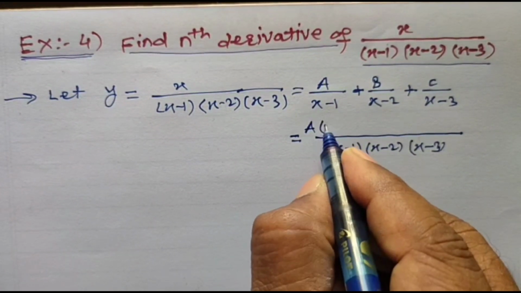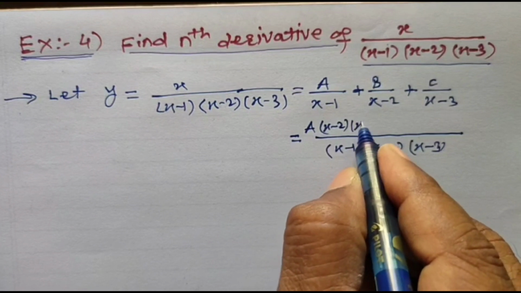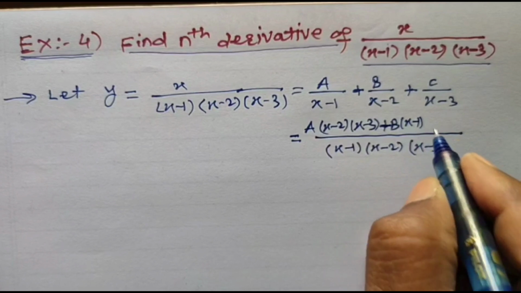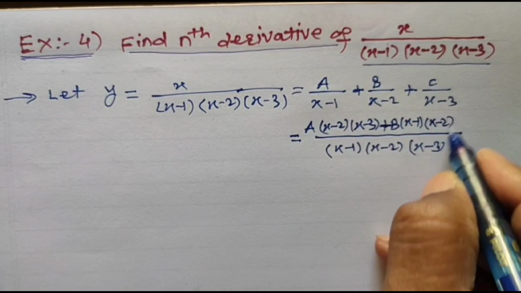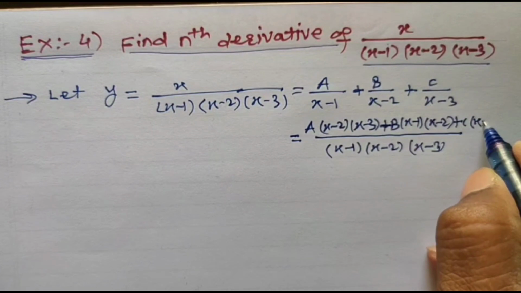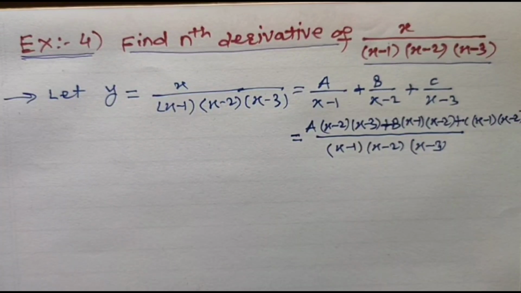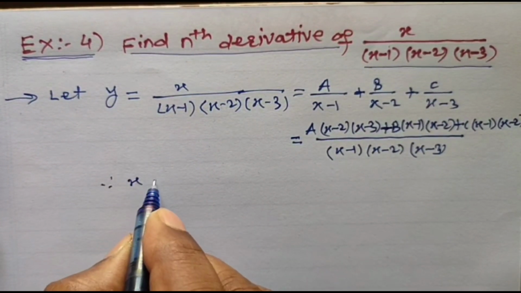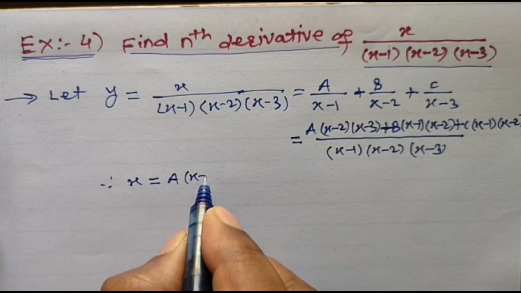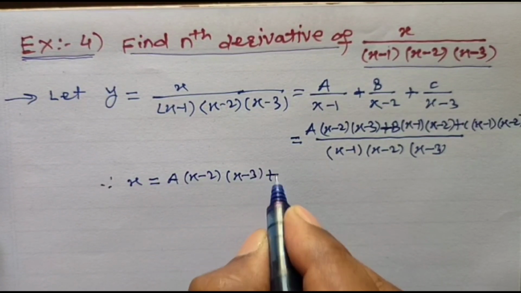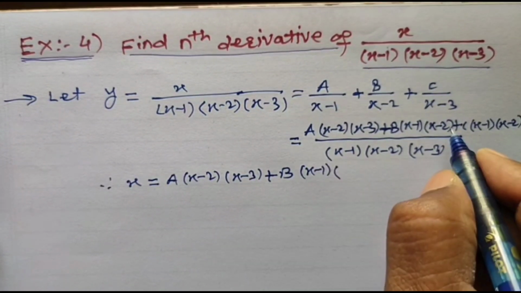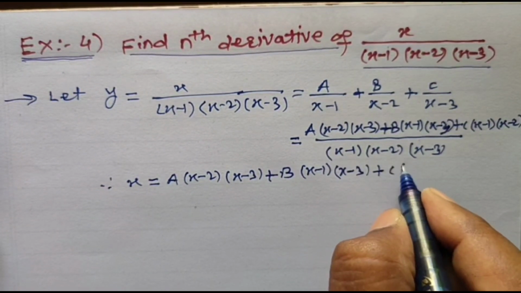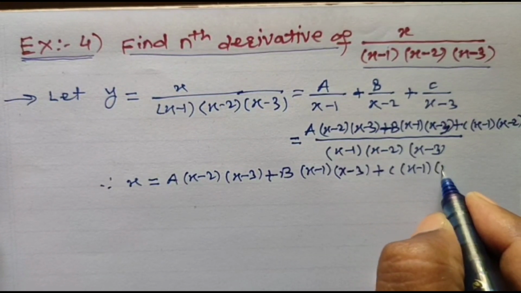Denominators are equal, hence numerators must be equal. Hence x is equal to a into (x minus 2)(x minus 3) plus b into (x minus 1)(x minus 3) plus c into (x minus 1)(x minus 2).